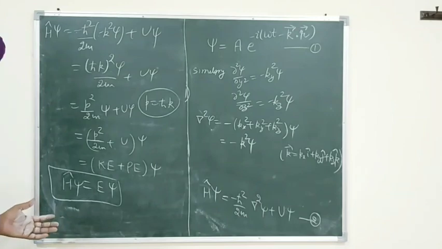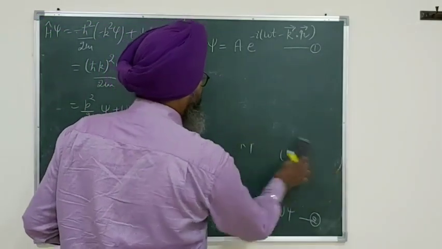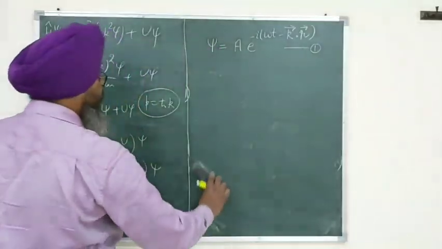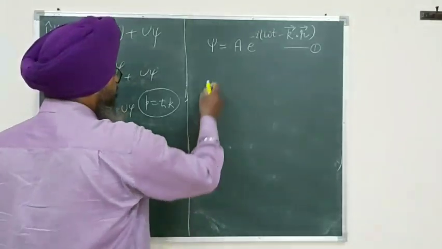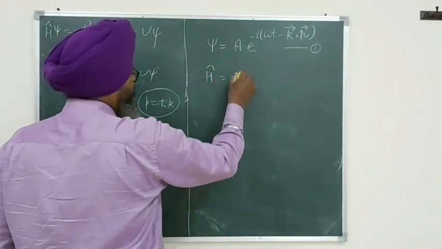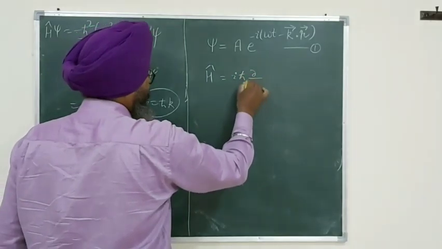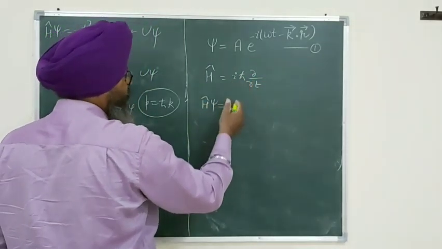So let us now discuss the second part, the time dependent property of the Hamiltonian, the time dependent form of H cap. H cap is equal to iota h cross ∂/∂t. Now what will be H cap psi? In this case it is very simple.